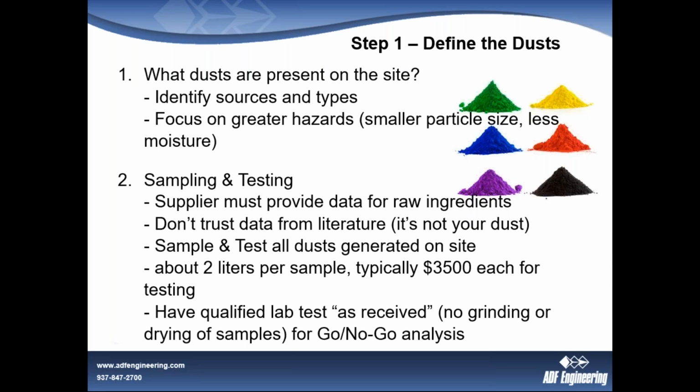What's more, especially if you're looking at a packaging situation, you may want to have your dust tested as received rather than having the lab grind and dry that material, because if you don't tell them to do it as received, they will grind it and dry it, which means that they're going to try and concentrate up those dusts themselves, which will make it a worse case than you may actually have in the field.